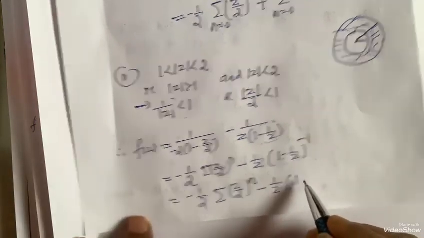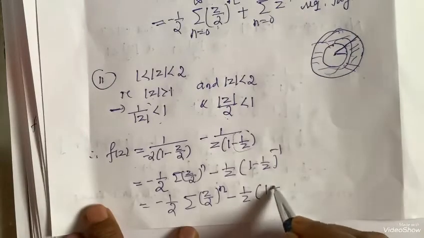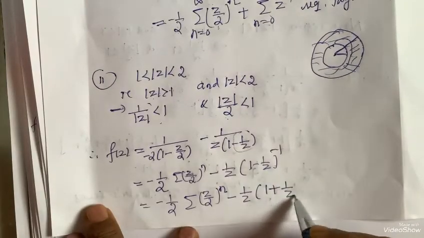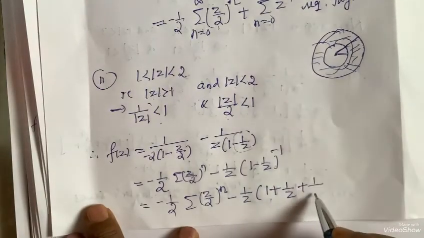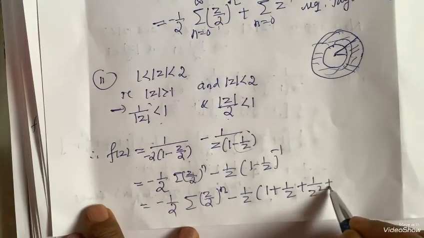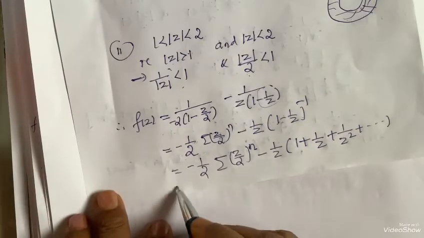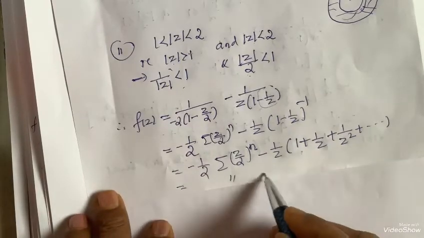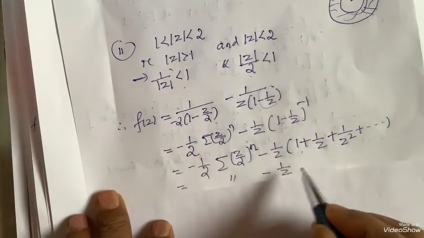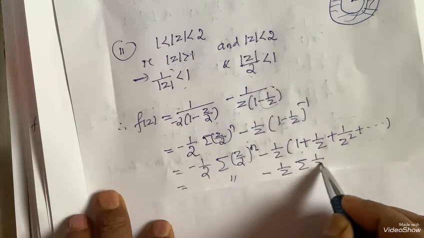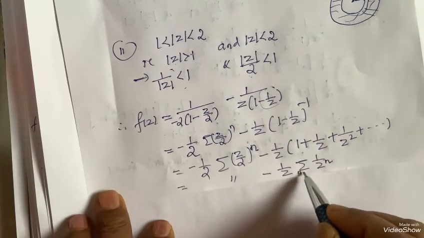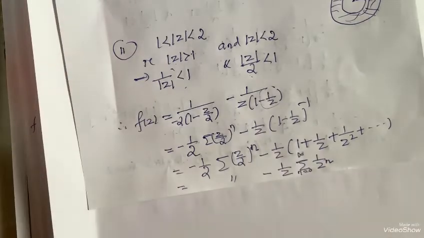So expand it: 1 plus x, 1 by z, plus x square, 1 by z square, and so on. Okay. This is the same: minus 1 by z summation 1 by z raised to n, n is from 0 to infinity.